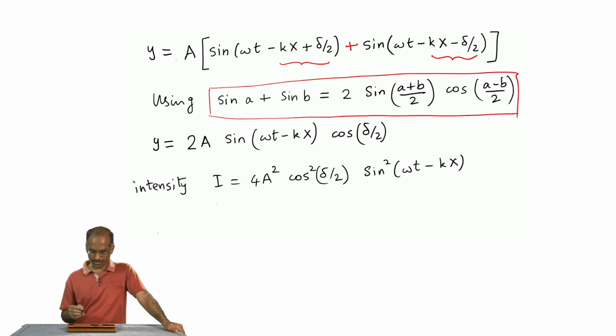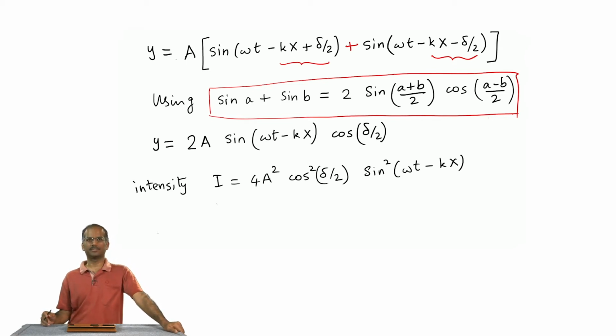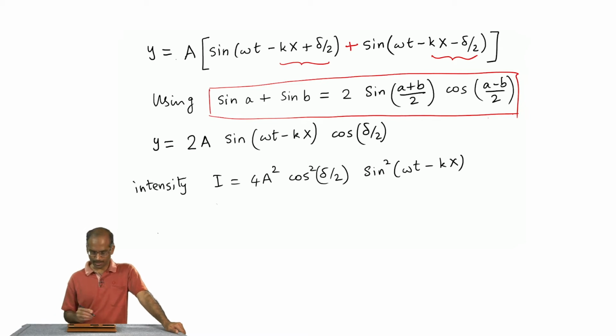So, if you apply this formula, A is omega t minus k capital X plus delta by 2, and B is omega t minus k capital X minus delta by 2. So, you do that and you will get this relation, a simple application of a trigonometric identity.